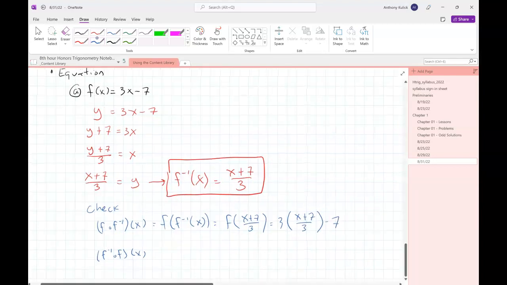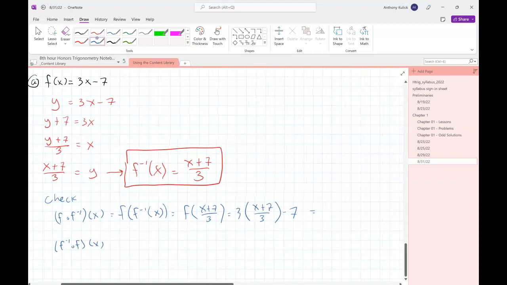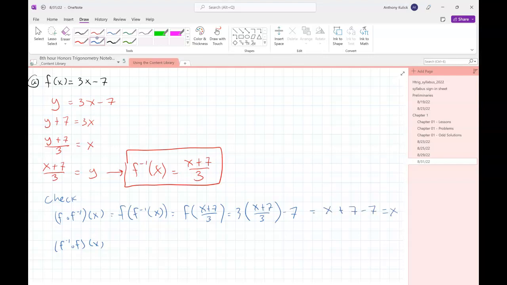Right? I do my composition. The times 3 and divides by 3 cancel. And then the plus 7 and minus 7 cancel. So that one looks pretty good.